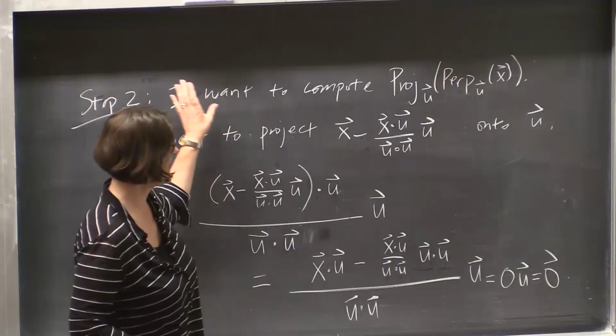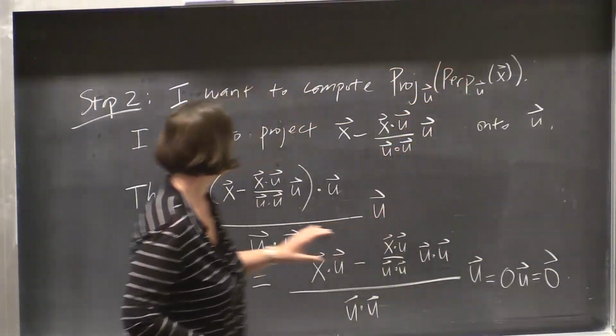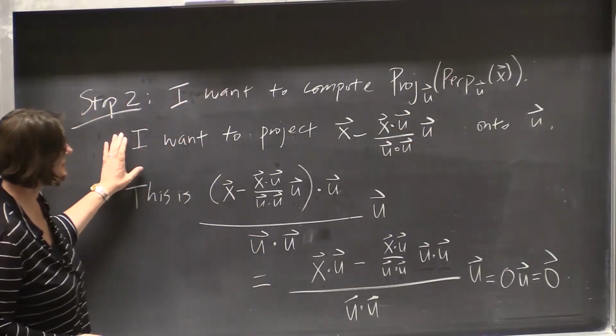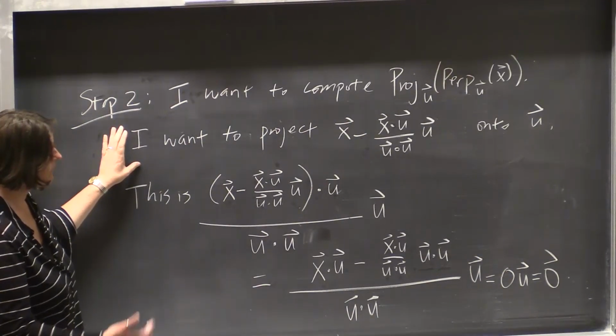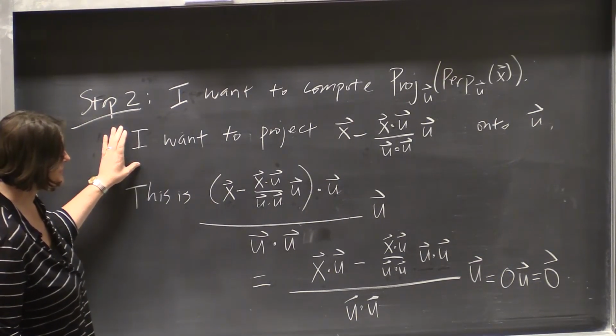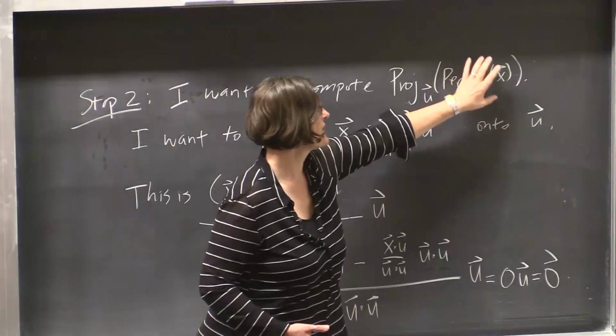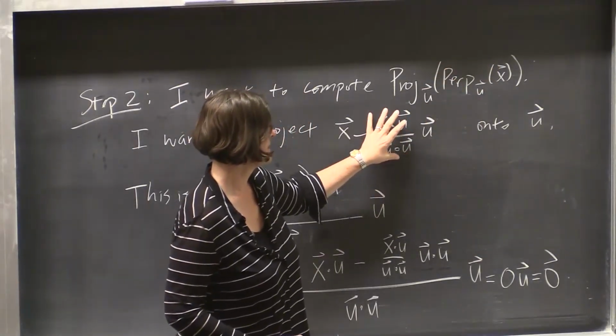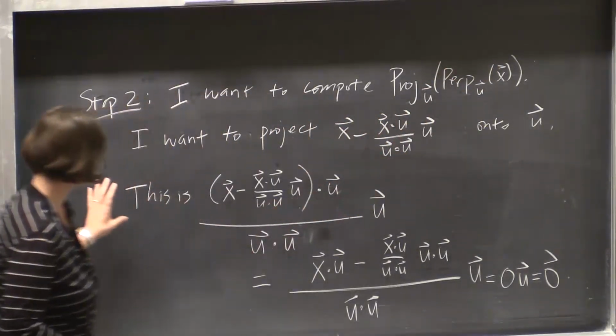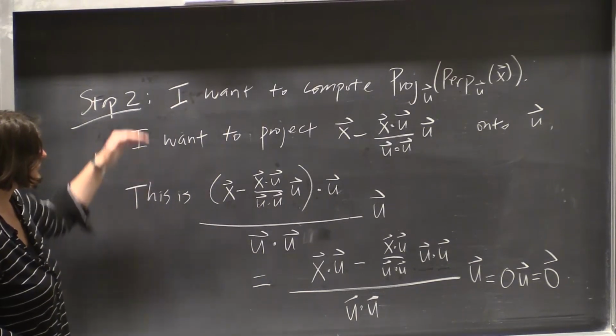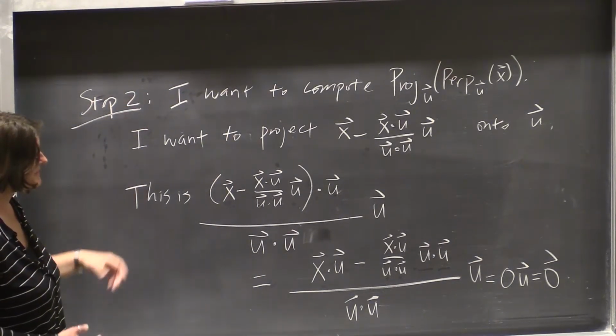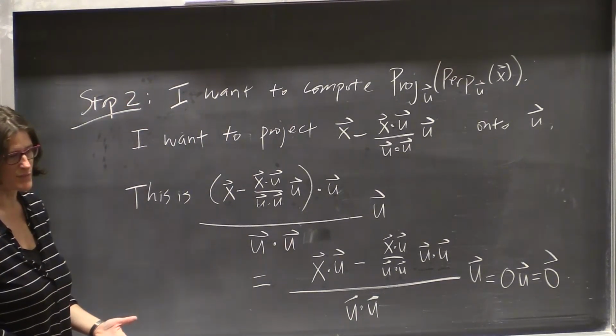Imagine it's an exam. I've been asked to do this. When I go from here to here, I'm revealing my logic. The first step was that I wrote out what this is, and then the next thing is this. The process of writing it out is the process of actually solving the problem.